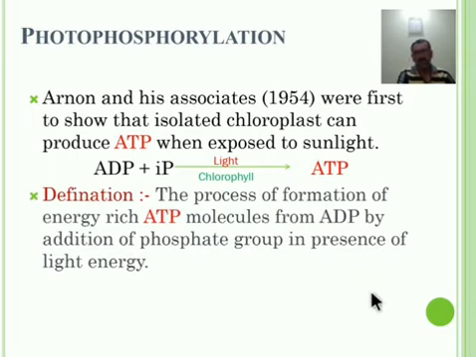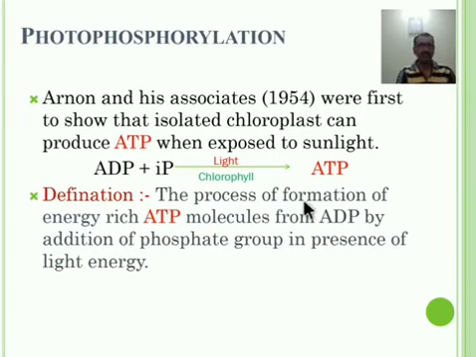Here the ATP molecules are generated by the phosphorylation of ADP using the energy of sunlight, and that process is known as photophosphorylation. Photo means light and phosphorylation means the conversion of ADP molecule into ATP molecule.